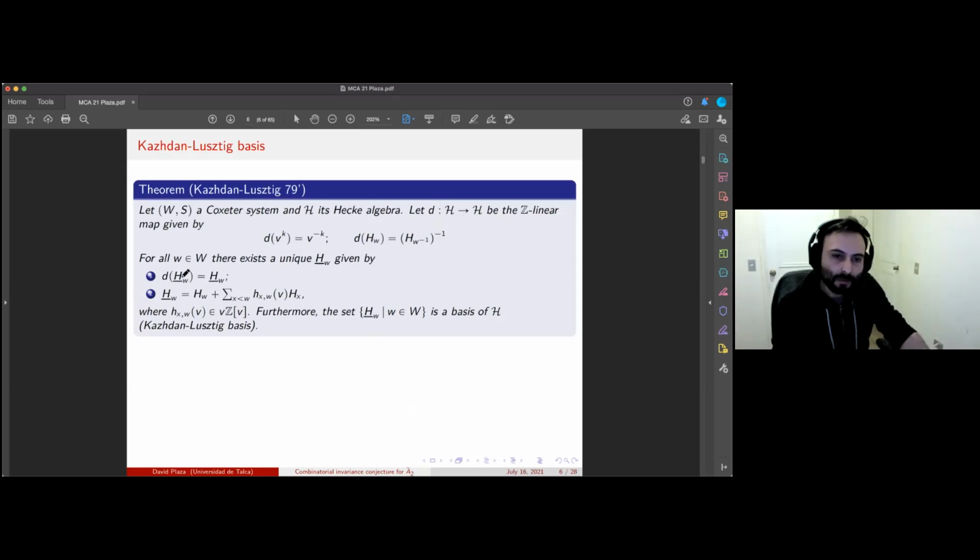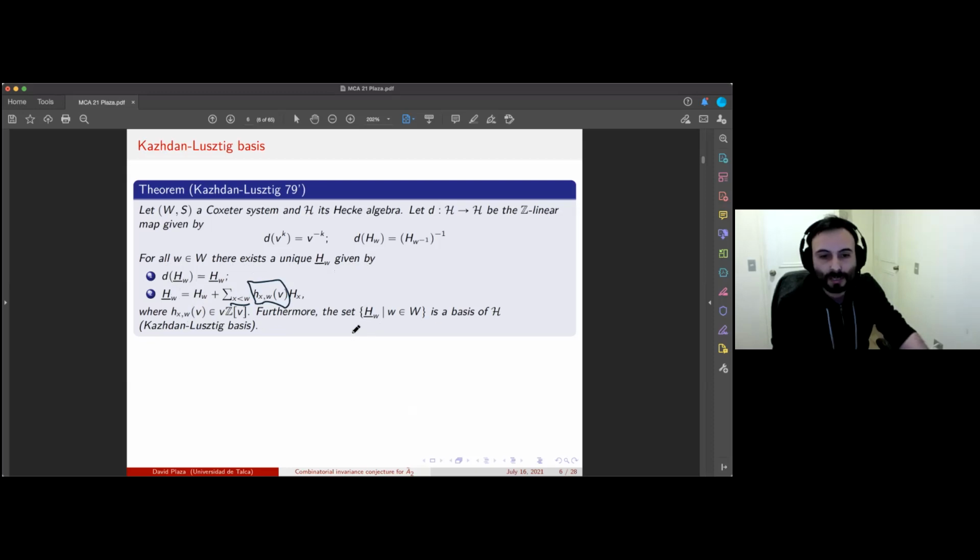And so for any w in W, we have a unique element, H bar w, given by these 2 conditions. So we have that H bar w is invariant under the action of D. And also when we write H bar w in terms of the standard basis, we have a triangular decomposition, and also the polynomials occurring in this decomposition belong to Z[v].